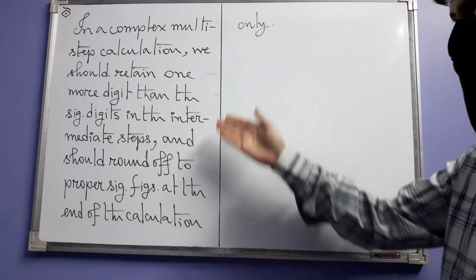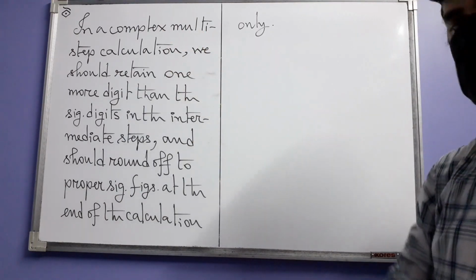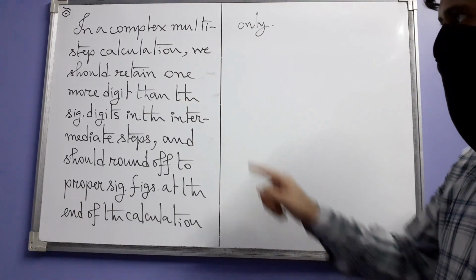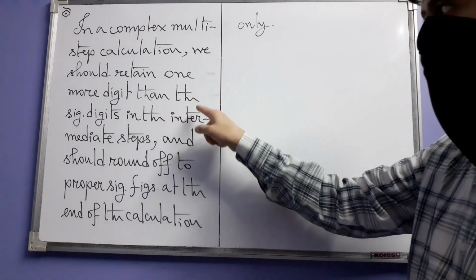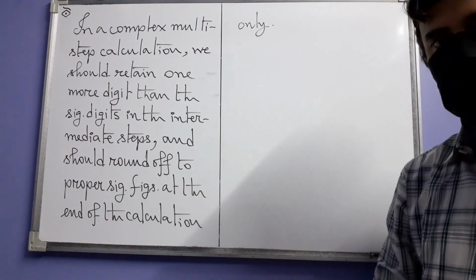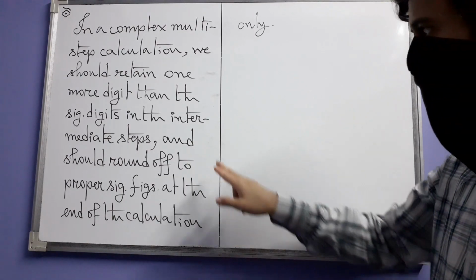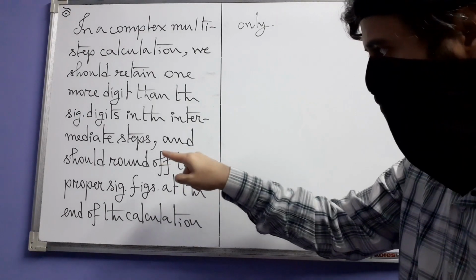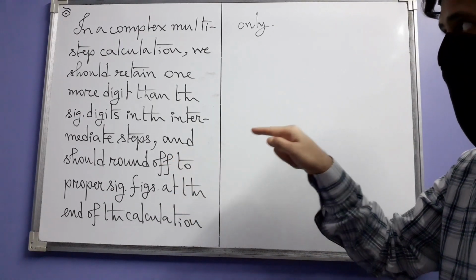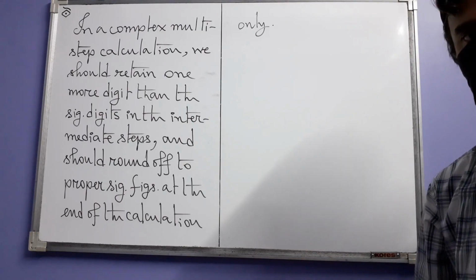So in the language that is given in the book, in a complex multi-step calculation, we should retain one more digit than the significant figures in the intermediate steps. In the middle of the calculation, we should not do rounding off and should round off to proper significant figures at the end of the calculation only. At the last step only we do the rounding off.